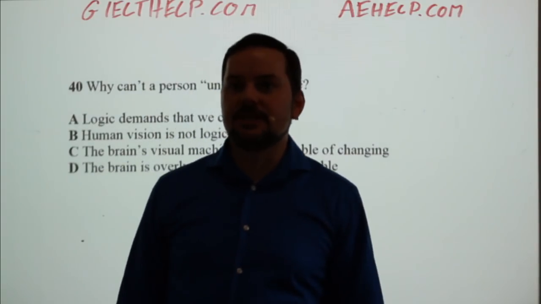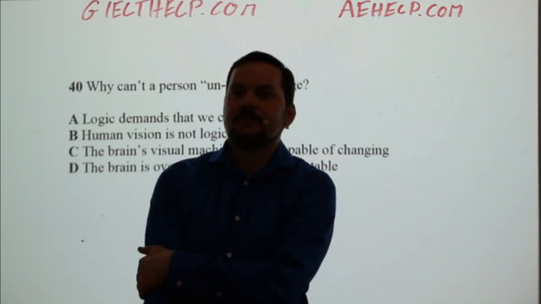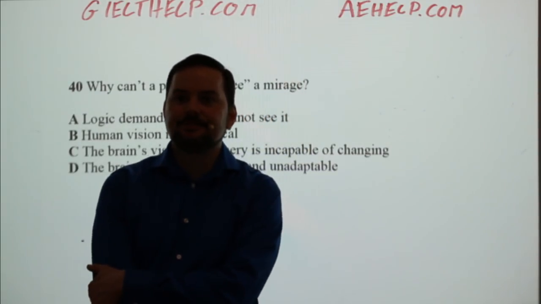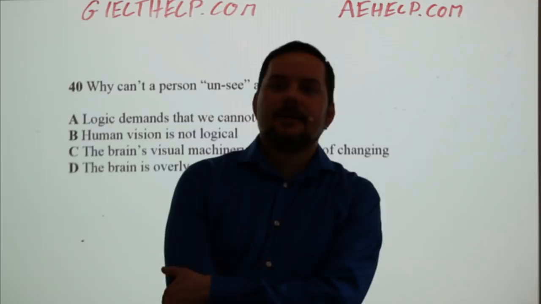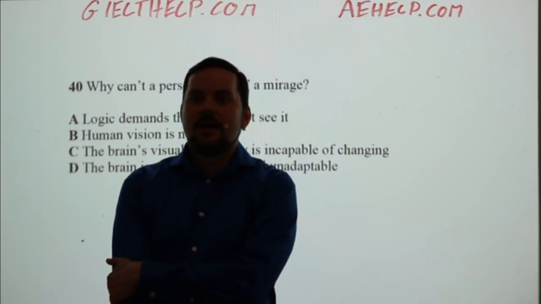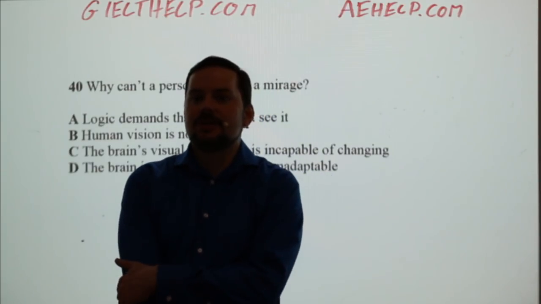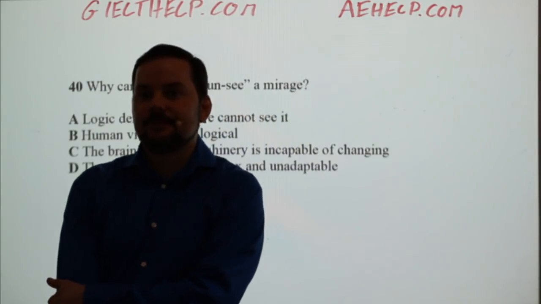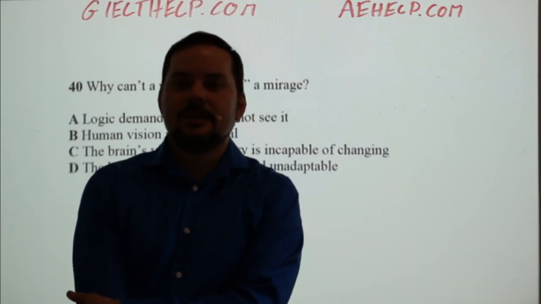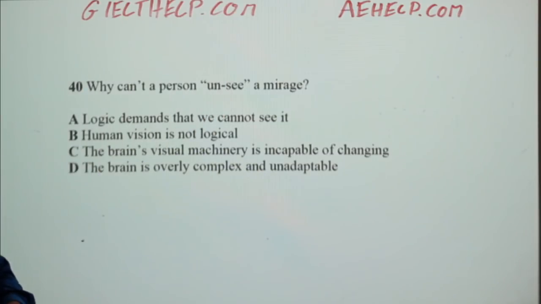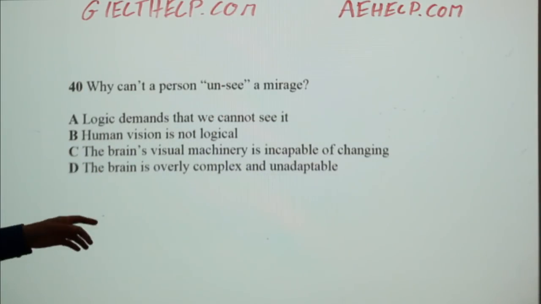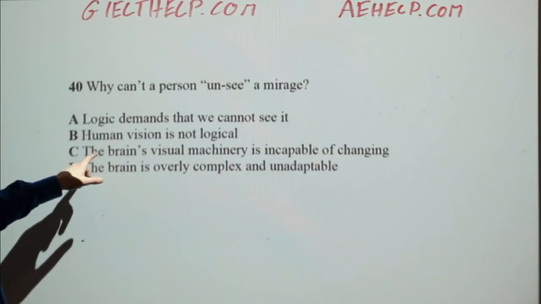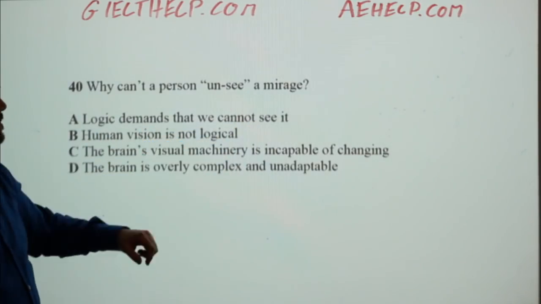So Khan says, because it is really there. Hi, Madhu. Joining in near the end, but that's great. Because it is real. It's a simple hallucination. Yeah, because it exists in some way. It's a real situation. Let's see if something like that matches. Logic demands that we cannot see it. That doesn't make sense.